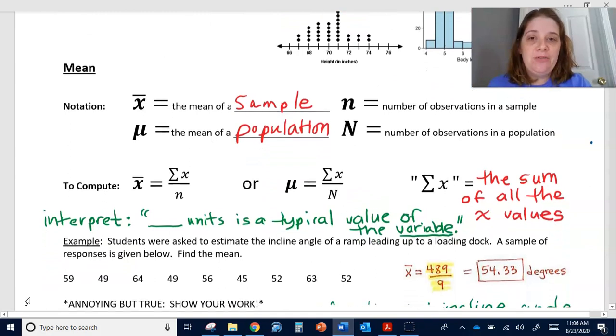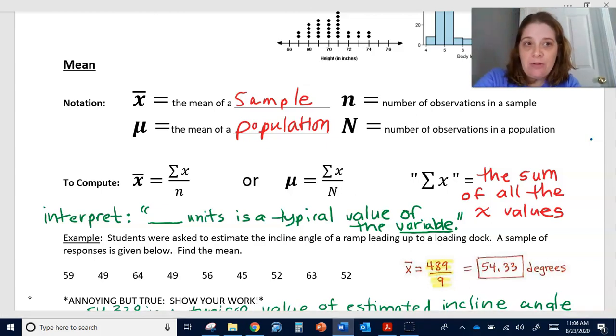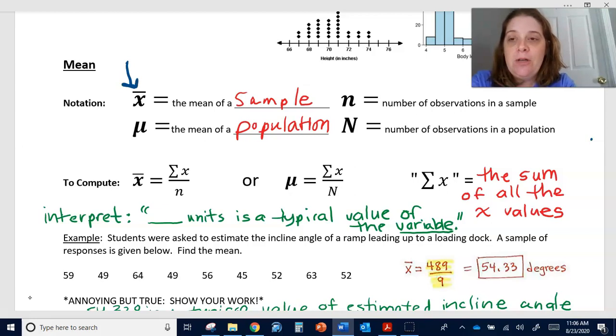So a couple new symbols for AP statistics here. When we are talking about mean, we have two symbols that we use based on whether or not we're talking about a population or a sample. The first one, we've talked about before too, is X bar. It's an X with a little line over it, and we read that as X bar.